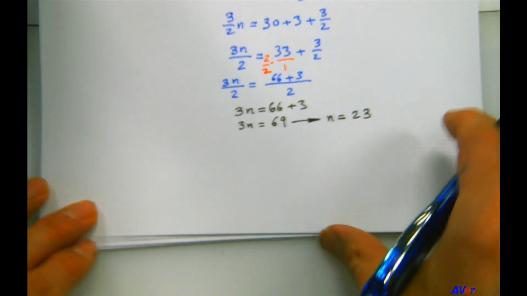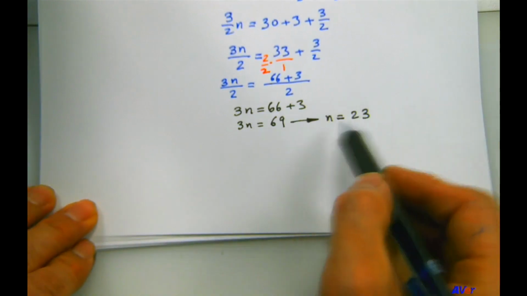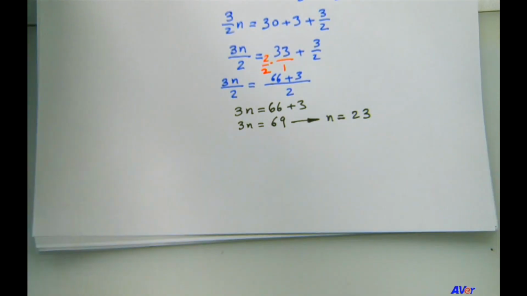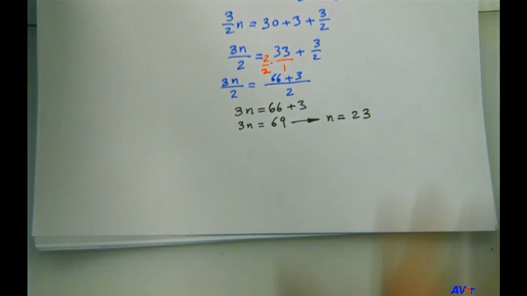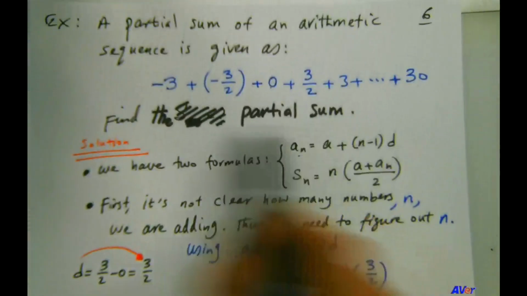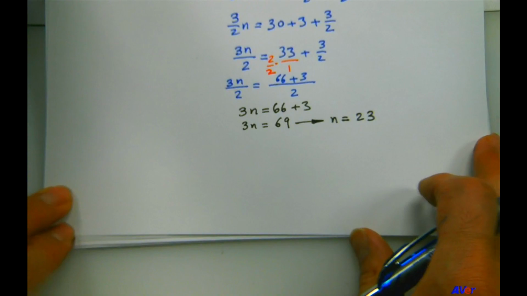So now in calculating the partial sum that they're asking us to do, we're adding 23 terms. That was the number that we needed.